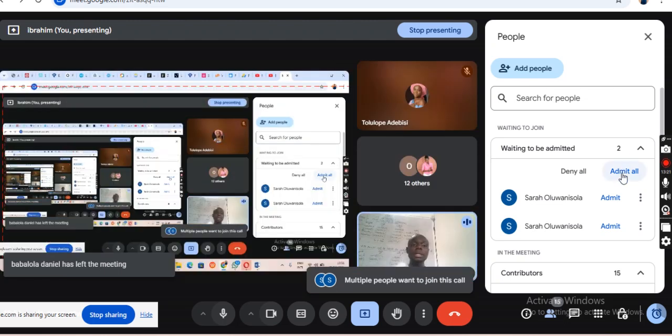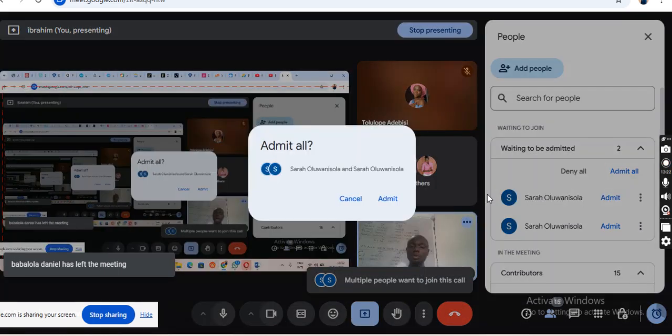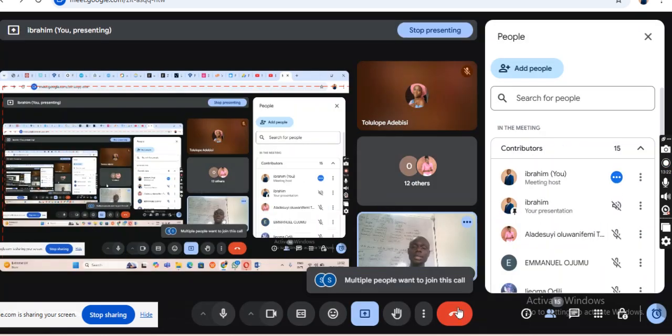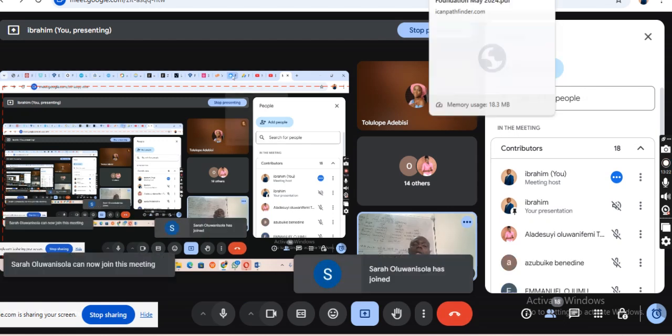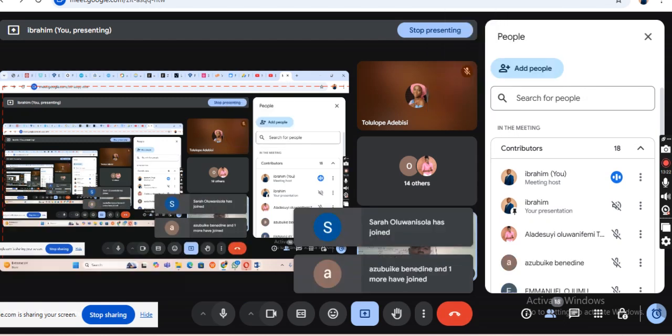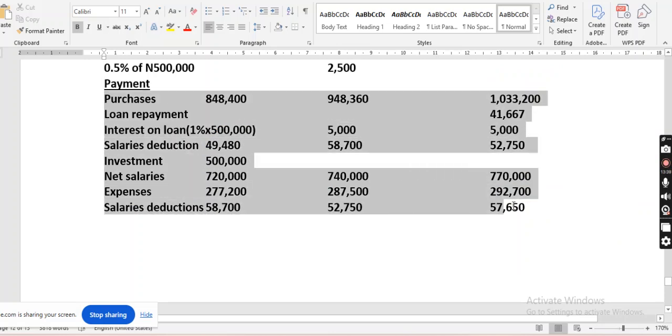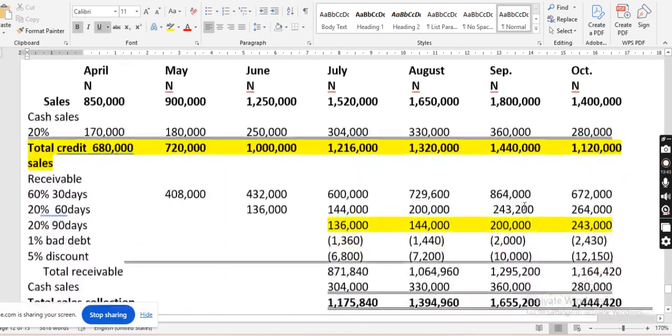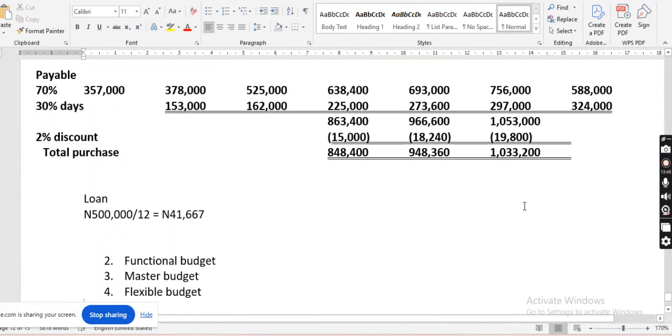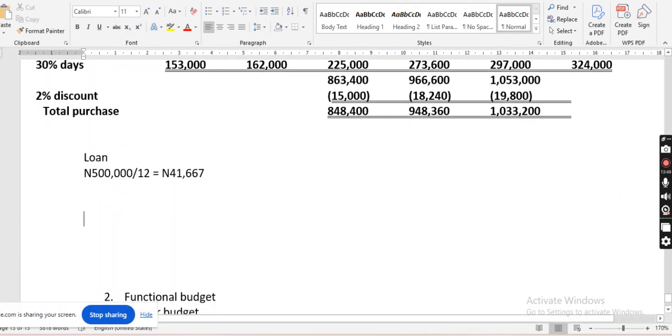The payment is outflow, right? So from all our outflow, we can add everything together. Don't forget it's the total outflow, right?